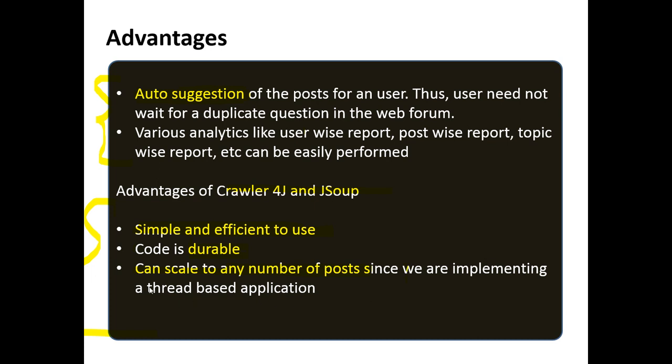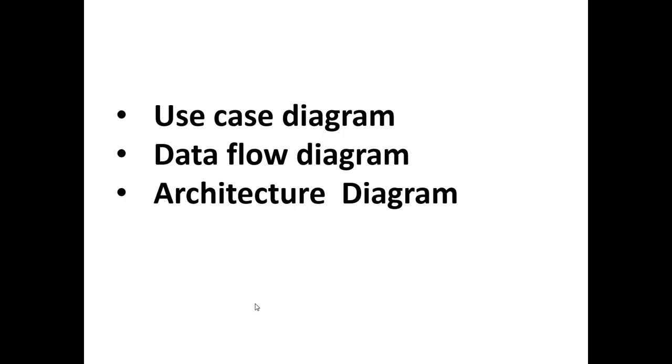Because we are implementing a thread-based application, even if there are 100 pages to crawl, 100 threads will be created. If there are 1000 pages to crawl, 1000 threads will be created. So everything will be parallel, and the application will not be slowed down for large scale crawling. And at last, it will be fast because it is very lightweight.